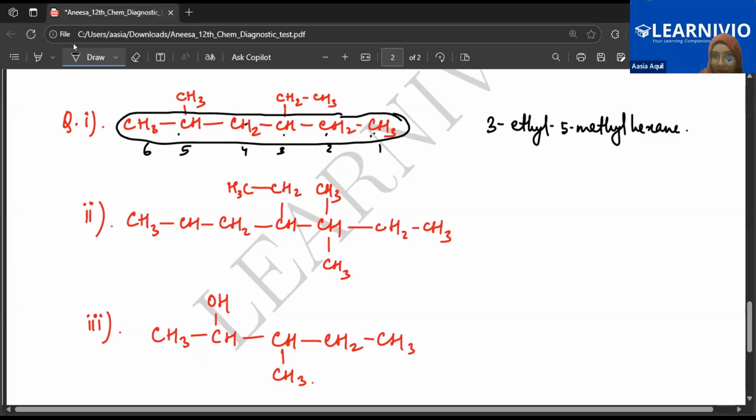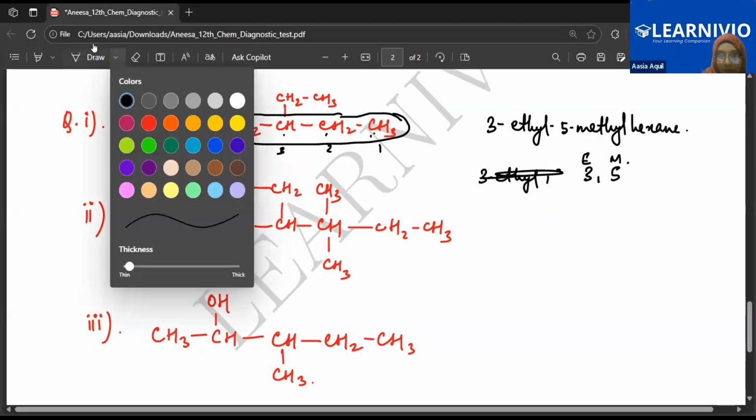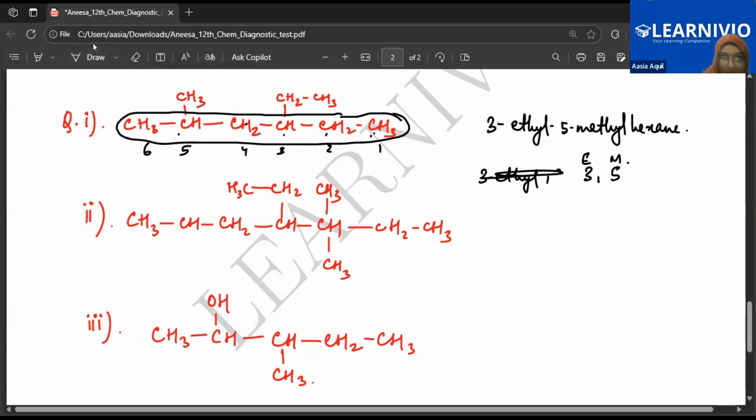The substituents mean 3-ethyl and 5-methyl, on the third position and the fifth position, the ethyl and here the methyl group. Now when you start from this side, it will have 1, 2, 3, 4, 5, 6, meaning it will get 2 and 4.